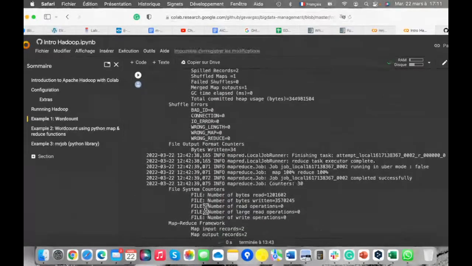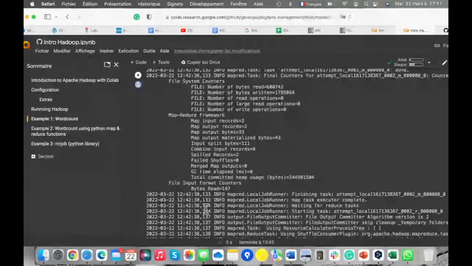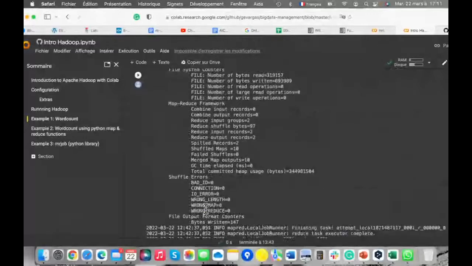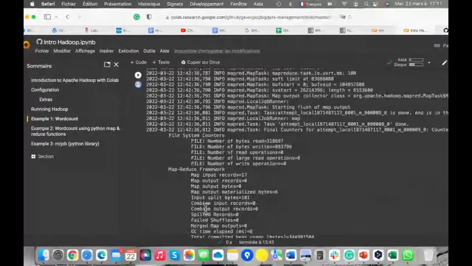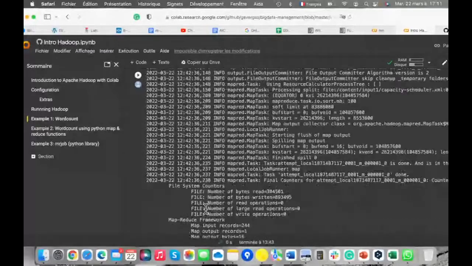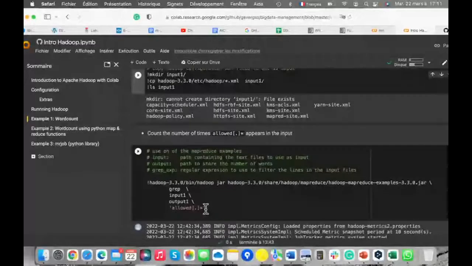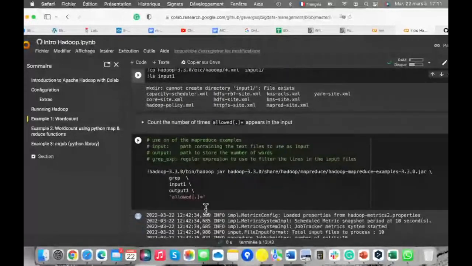The only thing that I showed you is that it's running in standalone mode. So it performs a grep function. You remember that grep is looking for textual patterns using regular expressions in textual documents.